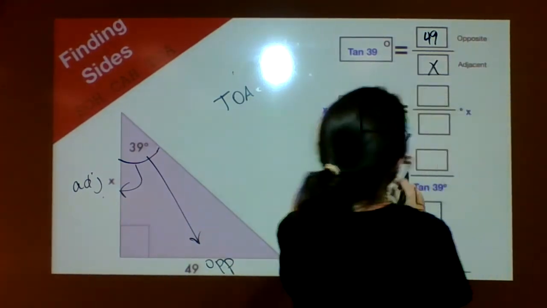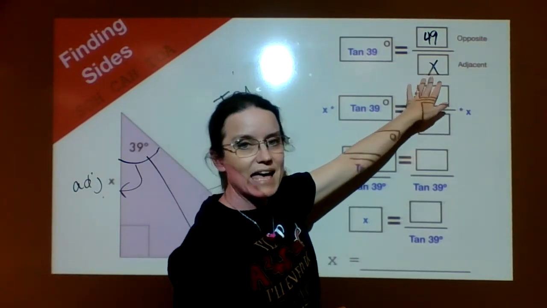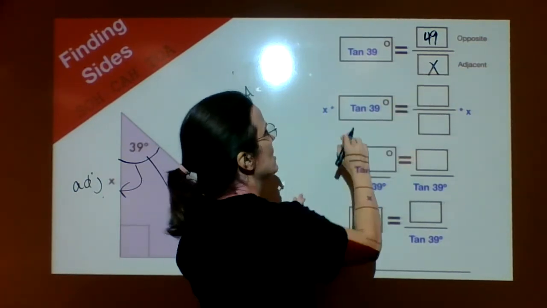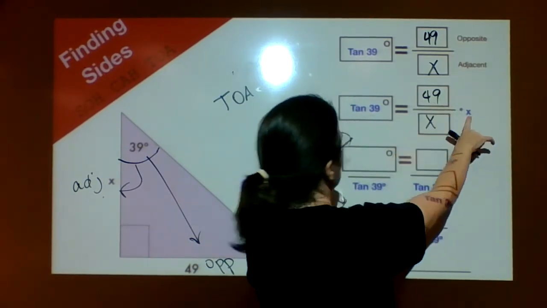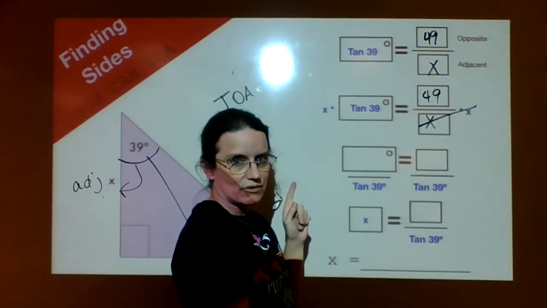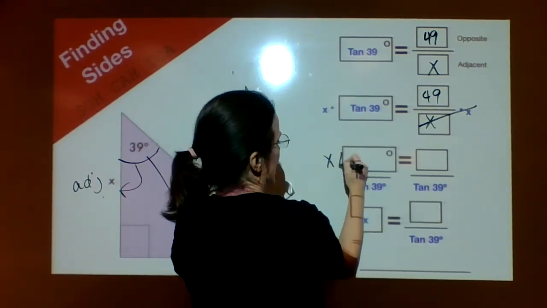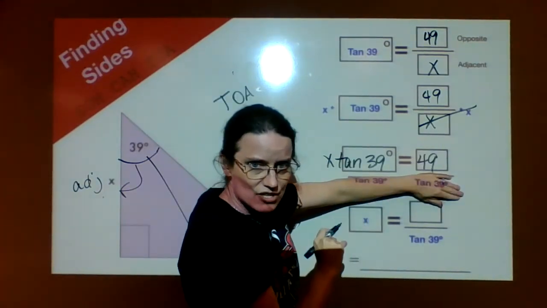Once again, if I have an x on the bottom, before I can do anything else, I need to get the x off the bottom of that fraction. So I'm going to have my tangent of 39 is still 49 over x, but I'm going to multiply by x on both sides so that those will cancel out. That leaves me with x times the tangent of 39 equaling 49. But I don't want x times the tangent of 39.